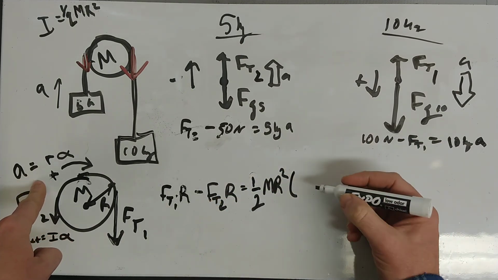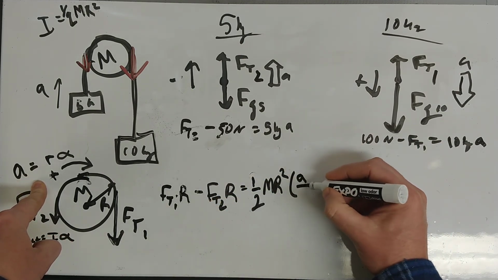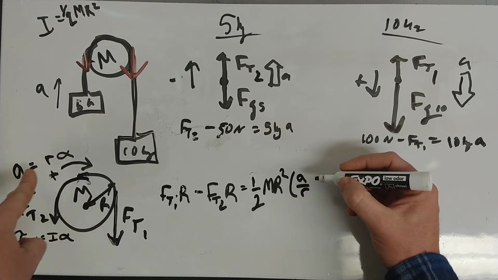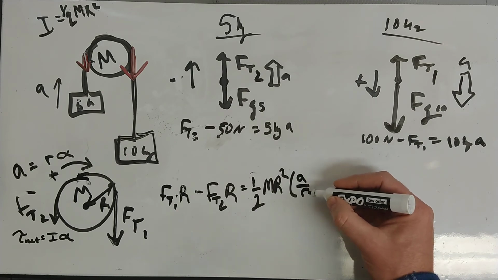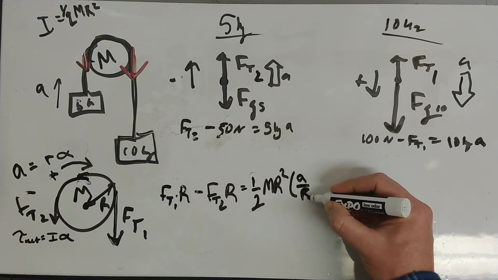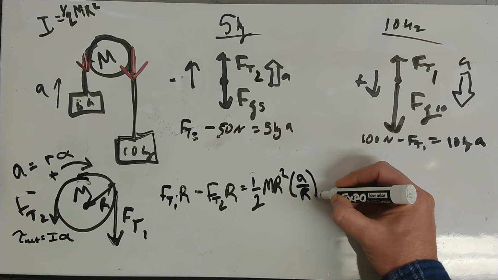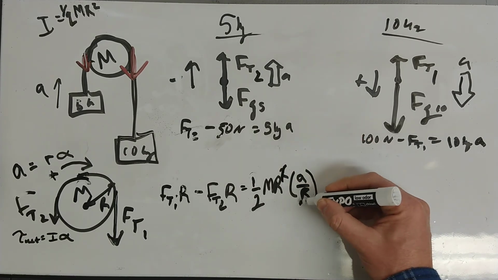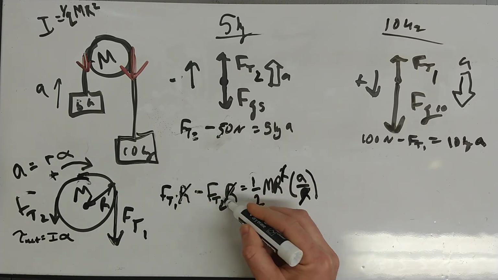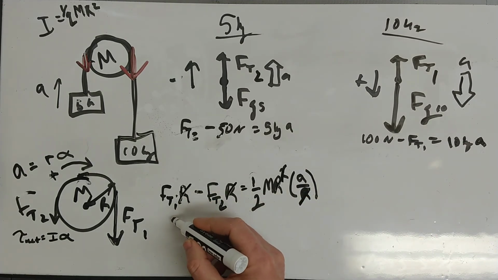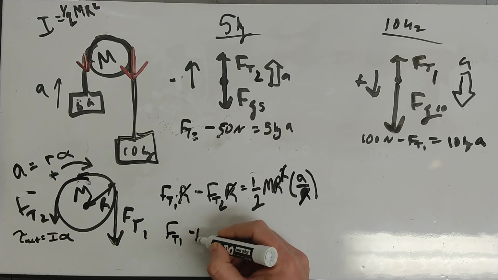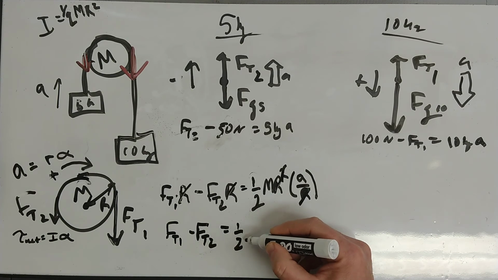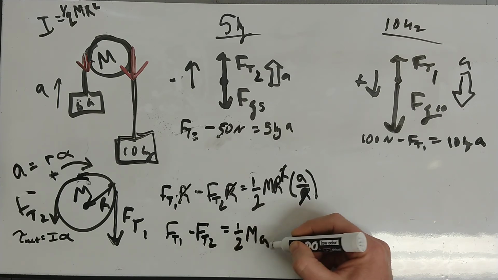So alpha is going to be A over R, where this R is the radius of the pulley, capital R. We see something cool happen: the R's cancel. And look what I get: FT1 minus FT2 equals one half capital M A.